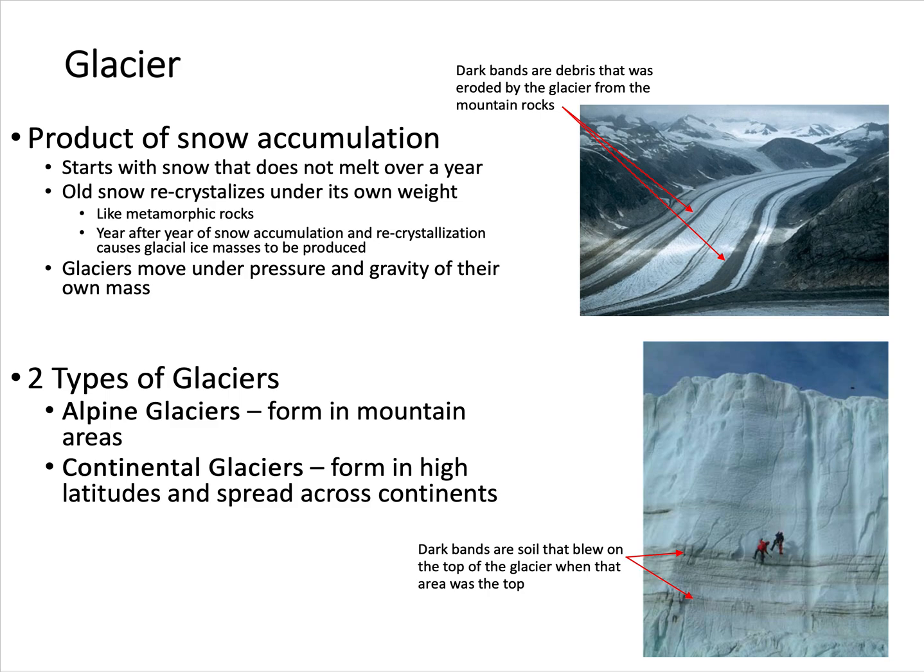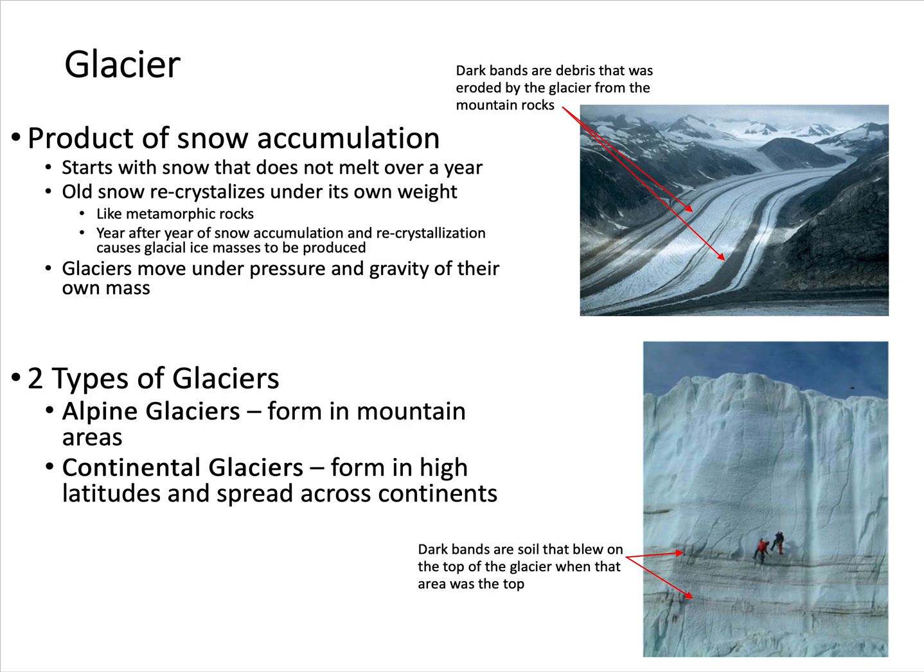And because of that, then the rock that's part of the glacier then moves with that glacier and it becomes an agent of erosion. So with that, glaciers do move, and they move under their own pressure and gravity, and they move from higher elevations to lower elevations because of gravity.